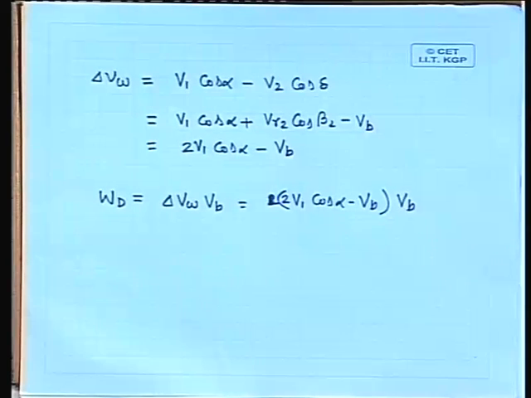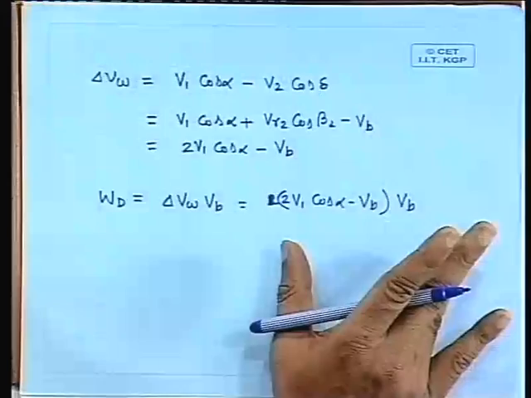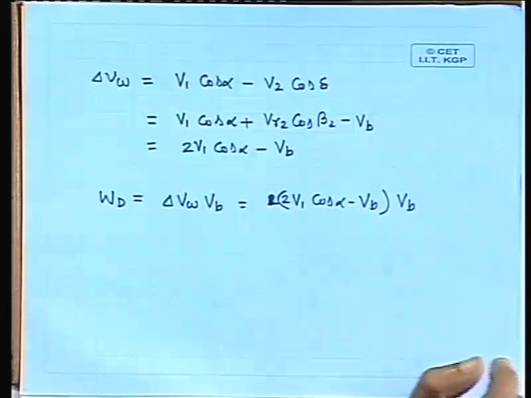Remember, or please note down that this particular expression is for unit mass flow rate of steam. If we multiply it with omega s, which we have used earlier, that will give you the total amount of work done. This is work done per unit mass flow of steam.